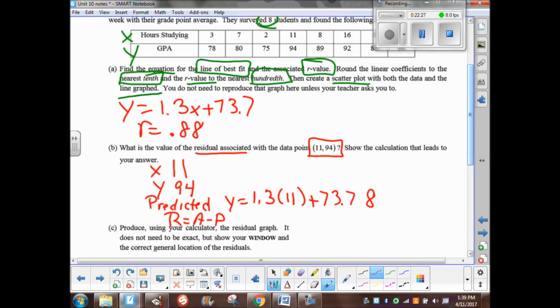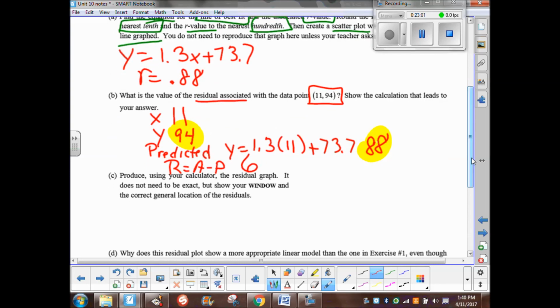So the predictor gave us 88. The actual was 94. So what's the residual? What's the difference between the actual minus the predicted? 6. You guys are going to need to remember how to do this because there's a question. I can't remember if it comes up on the test or if it comes up on the review. But one of them comes up like this again, in part B.